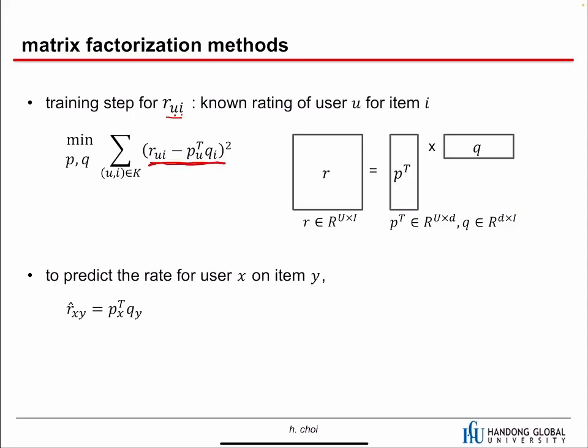So R is known and the P and Q are unknown, so we have to estimate the P and Q matrix. And in the R matrix, some cells are not known, and we want to estimate some specific cells here.